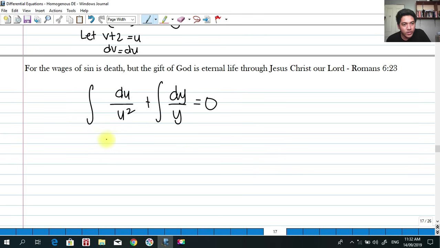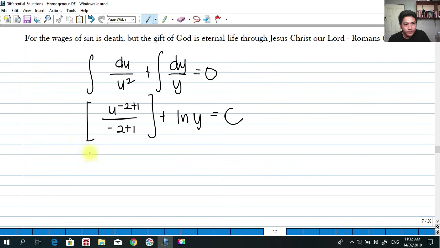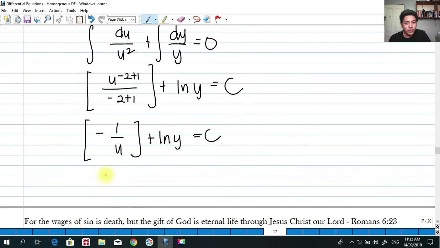If we integrate this, we know that this should be u raised to negative 2 plus 1 over negative 2 plus 1, plus the integral of dy over y, which is ln of y, plus a constant of integration. So we have negative 1 over u plus ln of y is equal to c. Let me just rewrite this: ln of y minus 1 over u. What is our u? Our u is v plus 2, so ln of y minus 1 over v plus 2 is now equal to c.